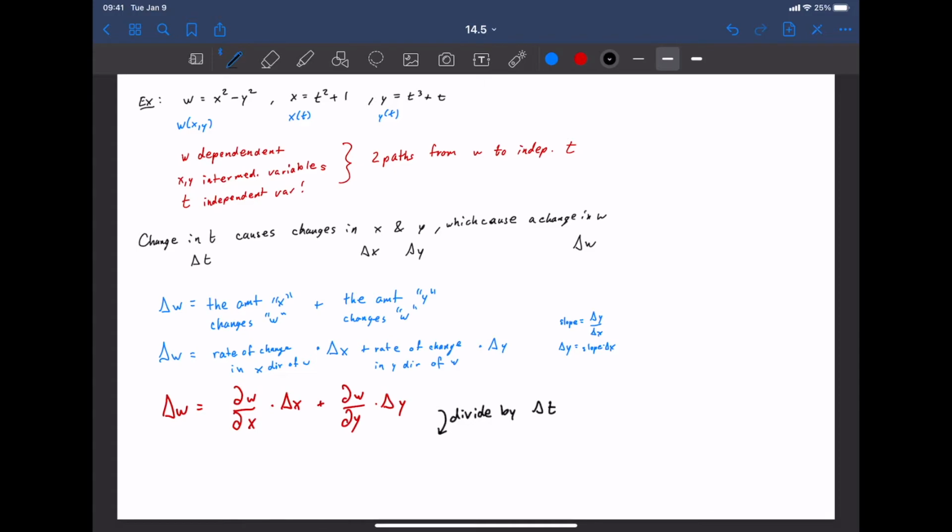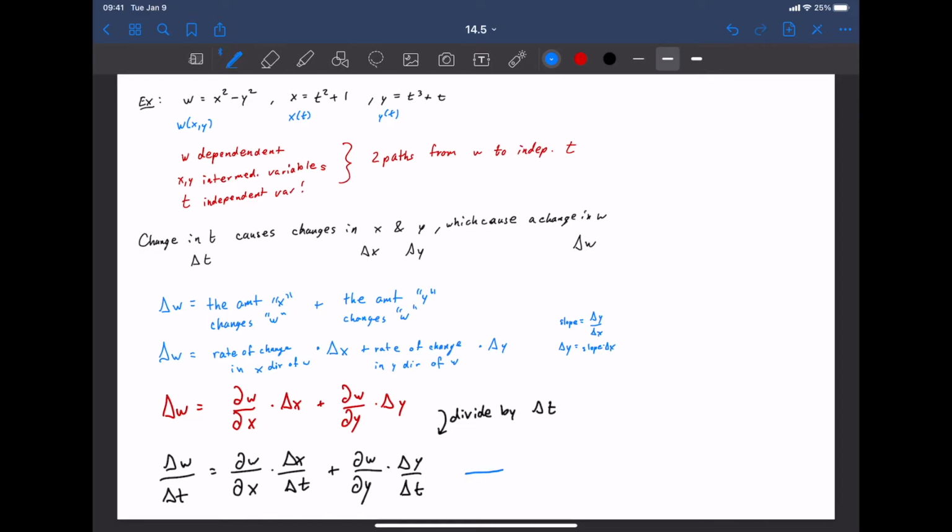So we're trying to find the derivative, and the derivative should be based on the change in w divided by the change in time. If we're trying to find the change in w over the change in time, that's why we're going to divide the entire equation by that change in time. So we'll have to divide this term, and we'll have to divide this term.